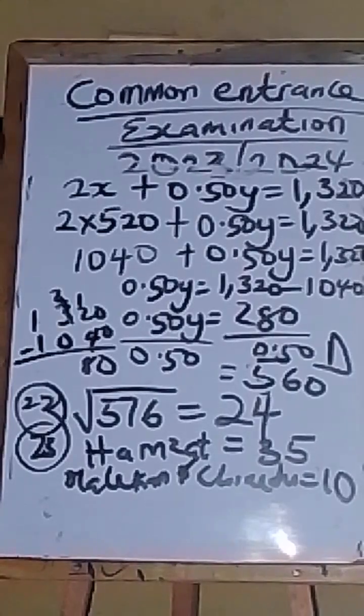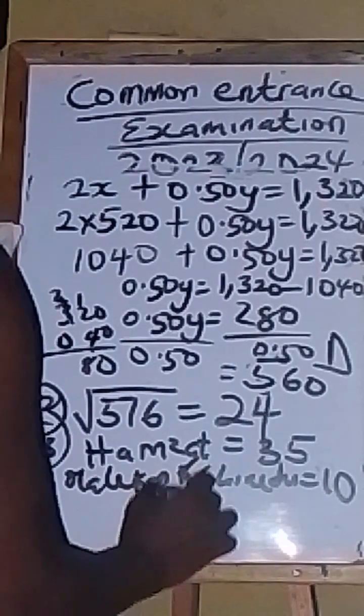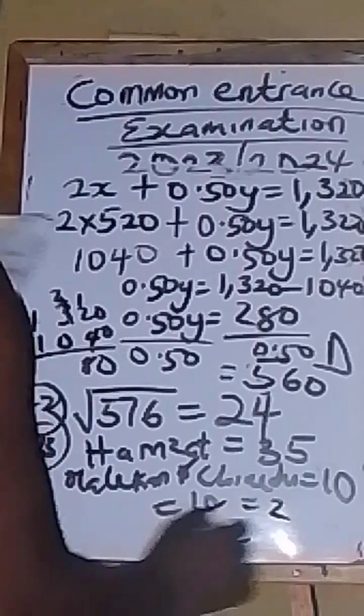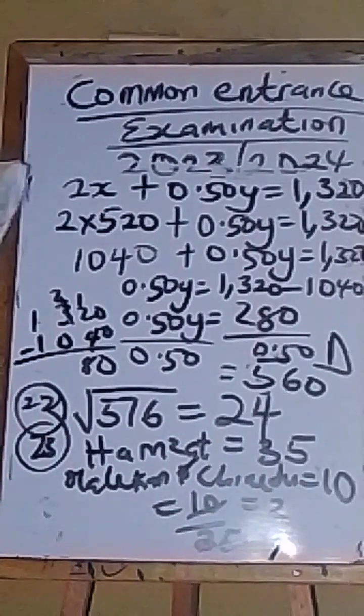What fraction of mangoes has Hamzat given away? He has given 10 over 35. Dividing by 5 here, 2, and here, 7. So the answer is E.